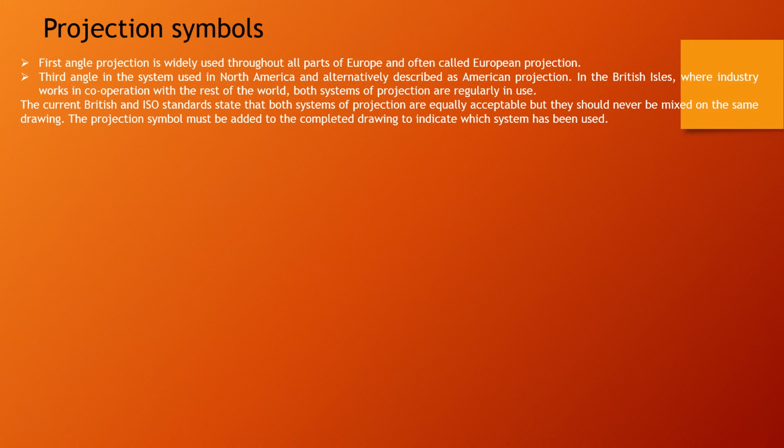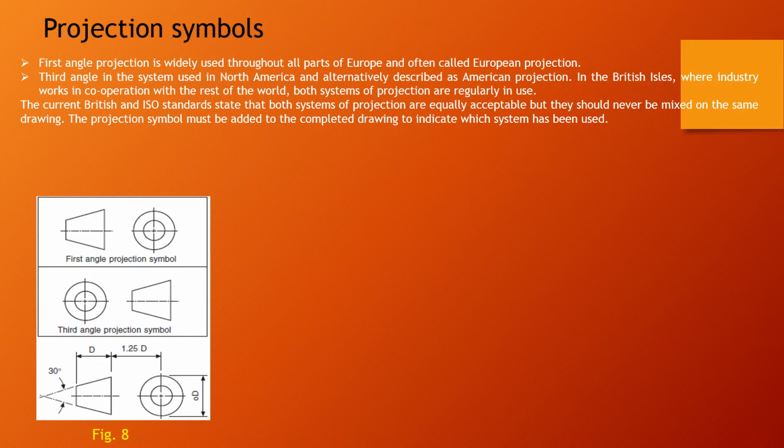The current British and ISO standards state that both systems of projection are equally acceptable, but they should never be mixed on the same drawing. The projection symbol must be added on the completed drawing to indicate which system has been used.